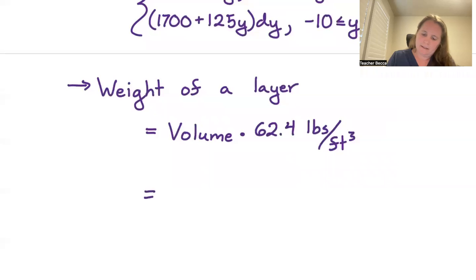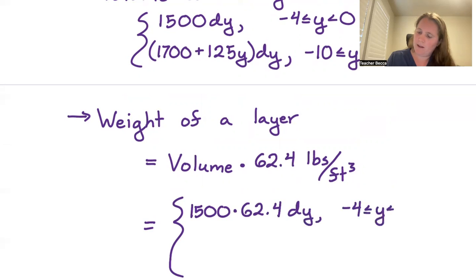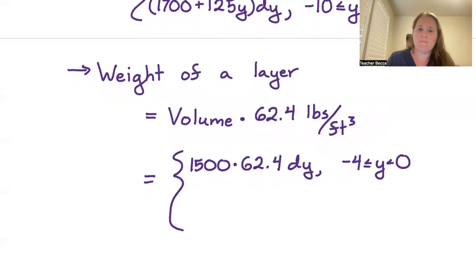So we would have 1,500 times 62.4 dy, where -4 less than or equal to y less than 0.